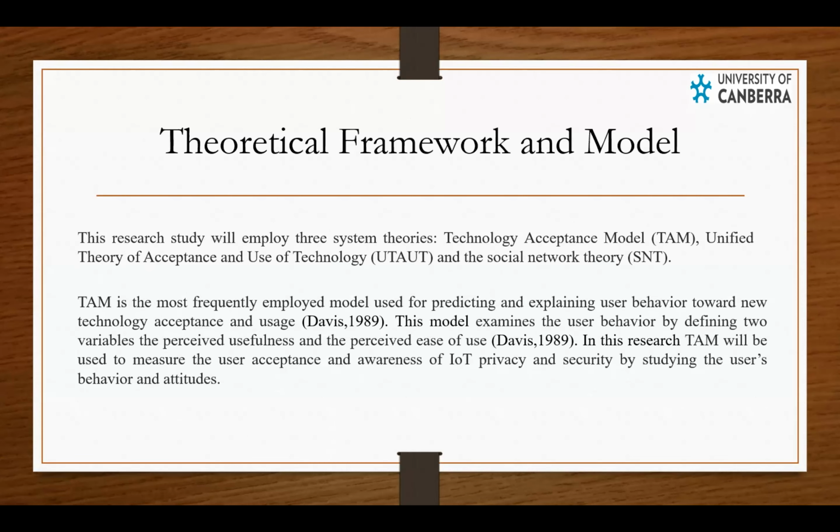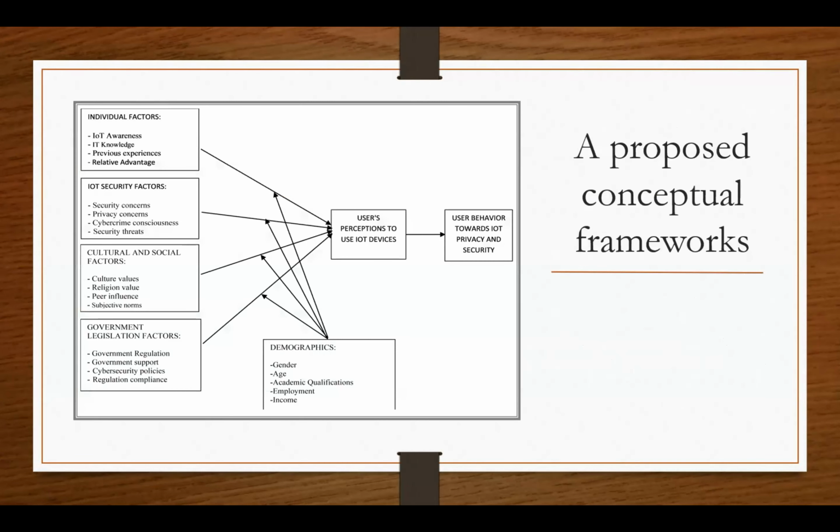So all these models are integrated together to examine different variables to understand the factors affecting the user perception to use the IoT devices and to understand the user awareness of using IoT devices and to understand also their awareness of the security and the privacy as well.